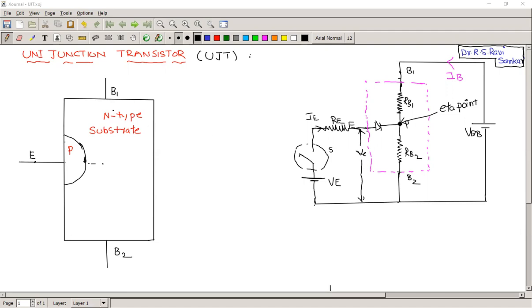This is the N-type substrate, nothing but a base material, on which the P-type material is added. The P-type material is diffused on the N-type material. The N-type material is lightly doped, whereas the P-type material is heavily doped.